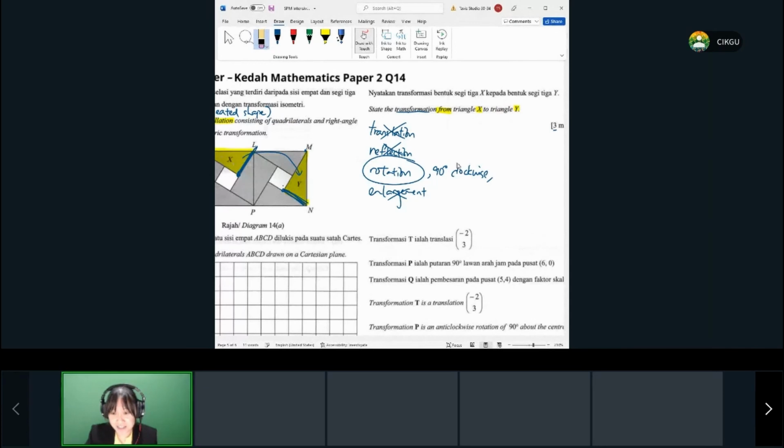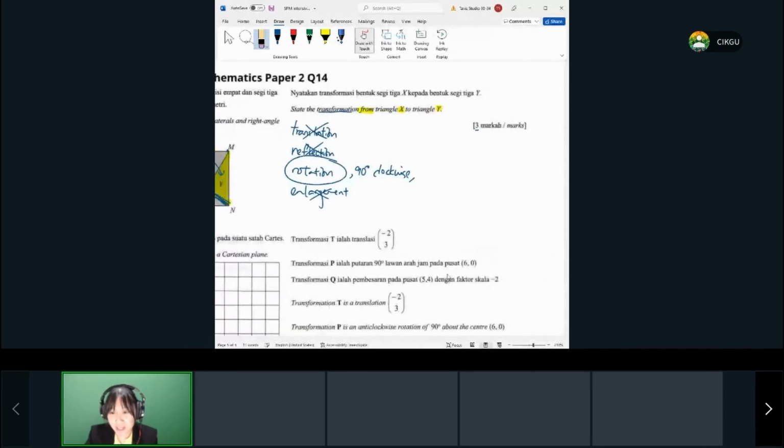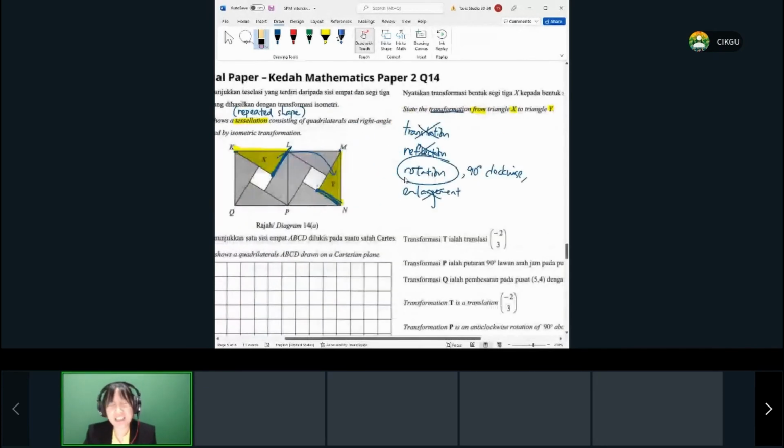Next, you need to tell me where is the center of rotation. You need a little bit of logical thinking. If you want to turn like this, at which point do you need to pin down this shape, so that when you turn, the position of X can reach the position of Y?